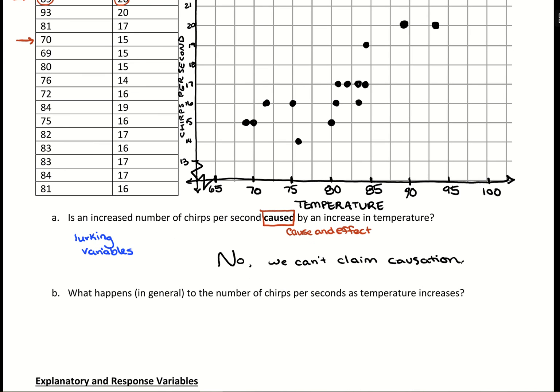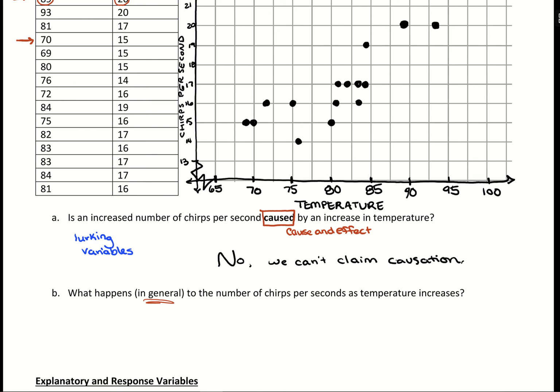So then B changes the wording a little bit. What happens in general to the number of chirps per second as temperature increases? So what we can do is use kind of looser wording. We don't have to claim cause and effect, but we could say, in general, we see these increases happening. Or there's this association, there's this relationship.